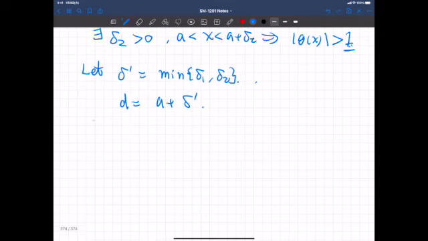So now we apply Cauchy's mean value theorem.